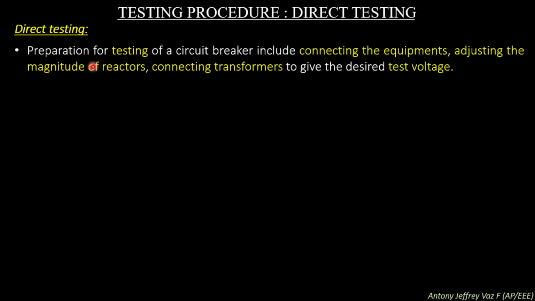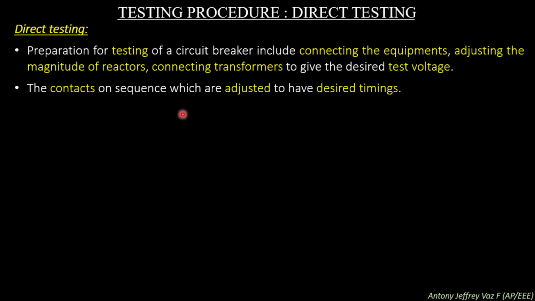Direct testing preparation for testing of a circuit breaker includes connecting the equipment, adjusting the magnitude of the reactors, connecting the transformer to give the desired value. So, before doing a direct test, all the equipment is connected by adjusting the magnitude of the reactor as per the requirement of the test condition and tuning the capacitor to the correct voltage level, and everything is set.